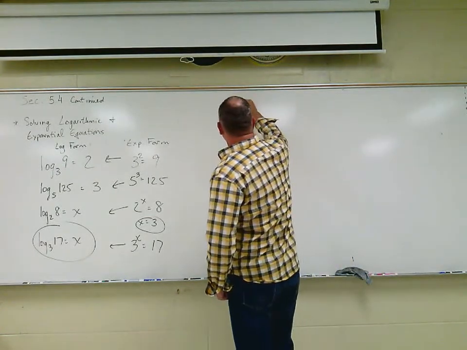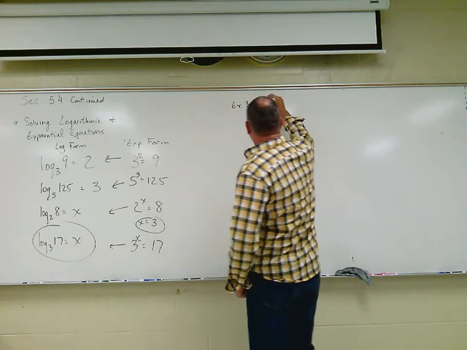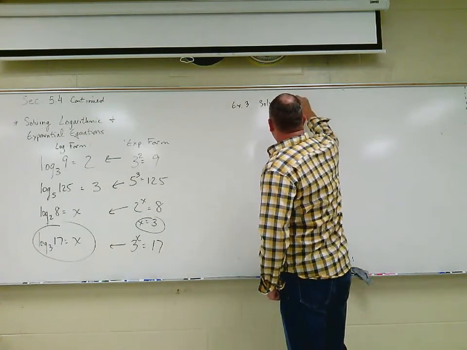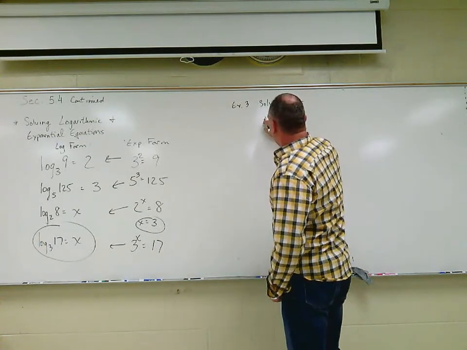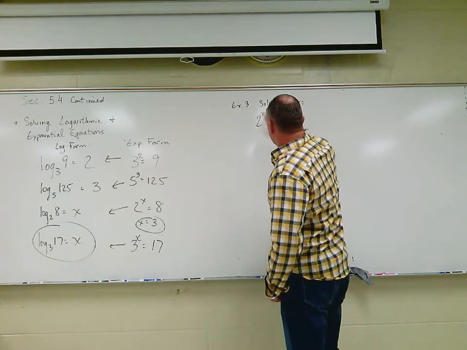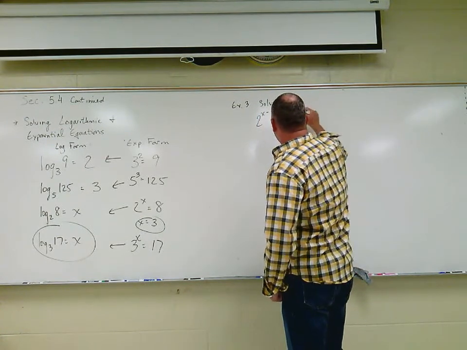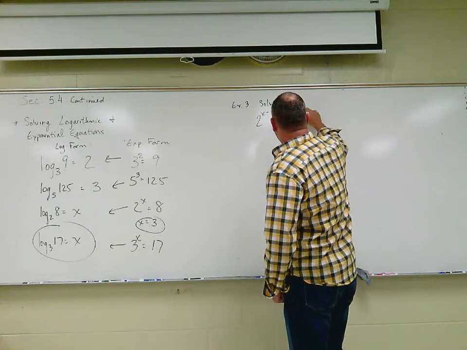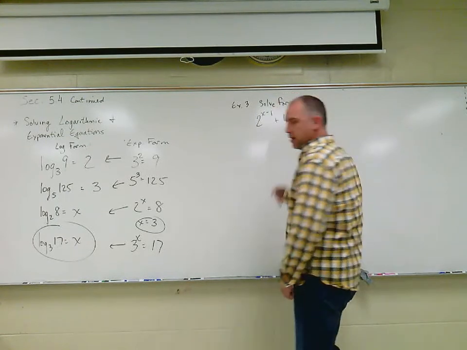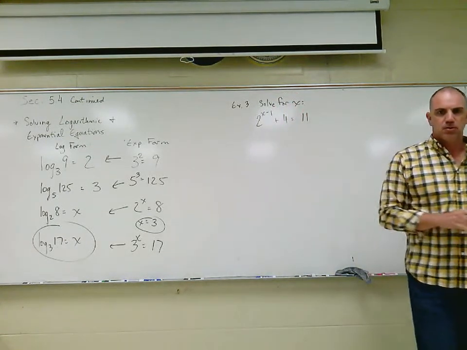All right, so we'll call this example 3. We still want to solve for x. Let's say we have 2 to the x minus 1 plus 4 equals 11. Okay, so there's our exponential equation.